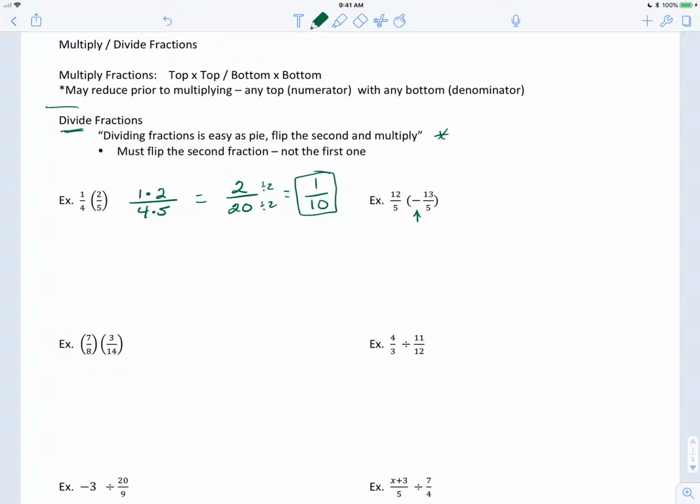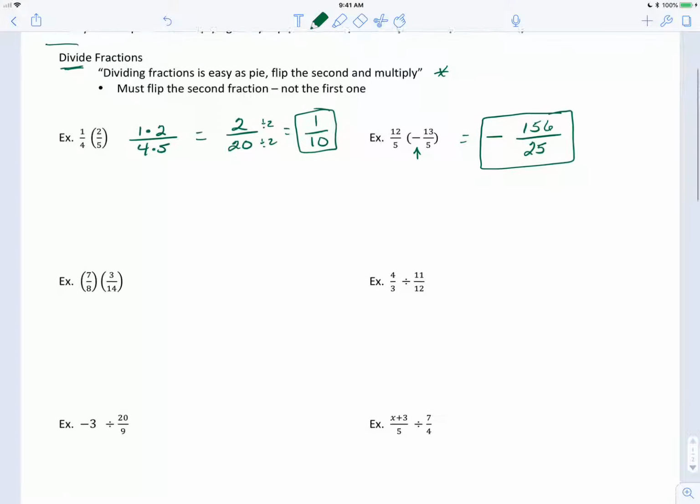So 12 times 13, well, first off, positive times a negative makes it a negative. 12 times 13 on the top is 156. 5 times 5 on the bottom is 25. And then we'll see if that can be reduced. I'm not sure that it can, so it doesn't look like it. So final answer. Just multiplying top times top, bottom times bottom.